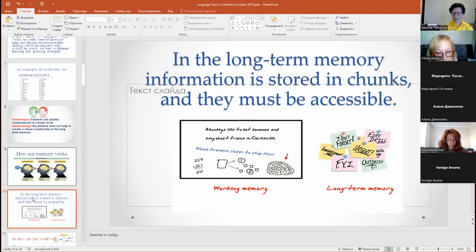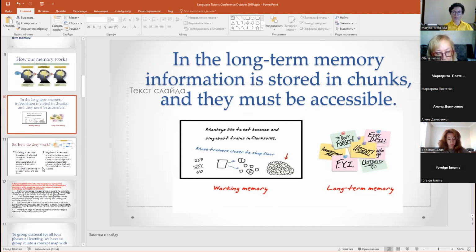Because very often the problem is that we need to get the information from the memory quickly, and this is how the outcomes of the learning actually occur.